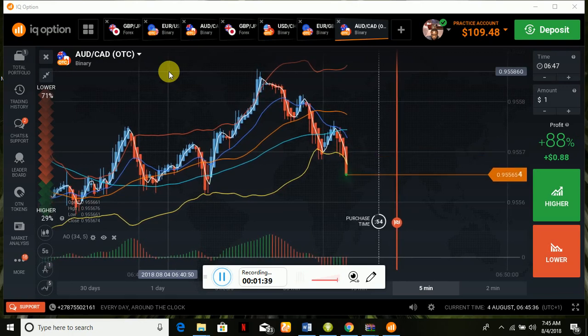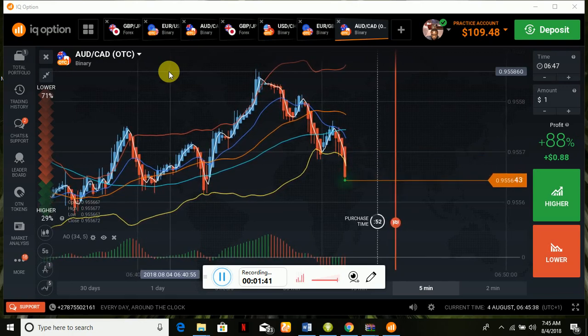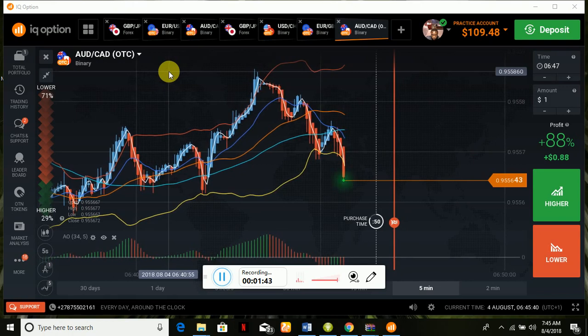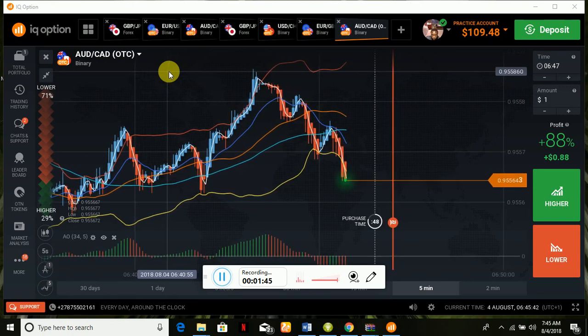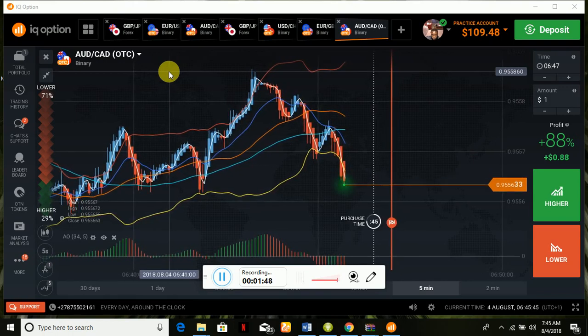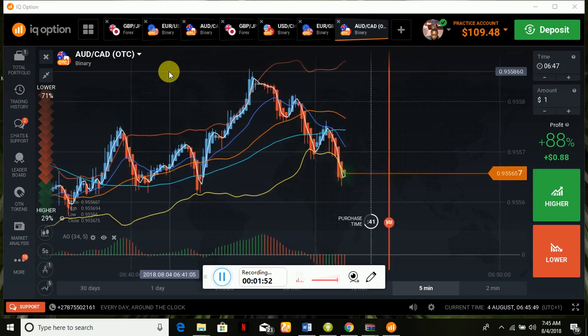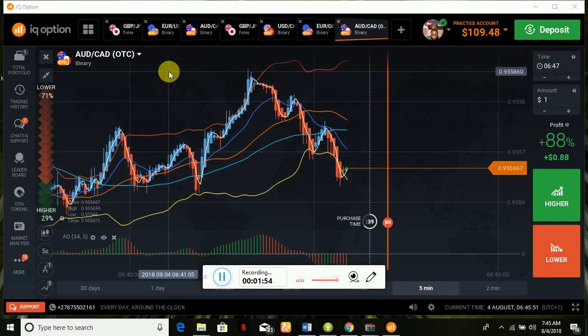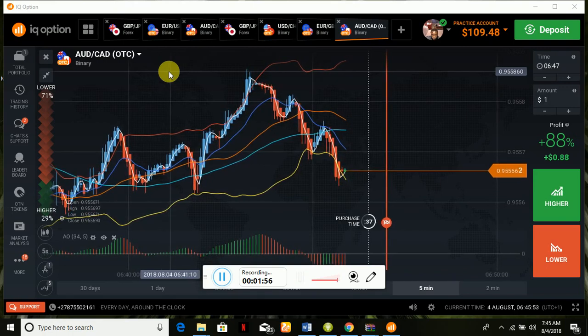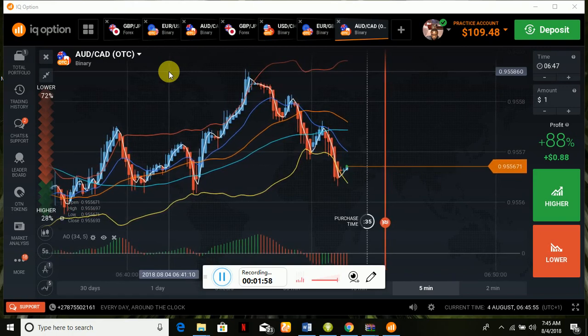Even when you have maybe $100, you're also gonna be risking only $1. But I recommend that if you're gonna be using the strategy, at least have $1,000 in your account. You can try with $100, but it's a bit risky.